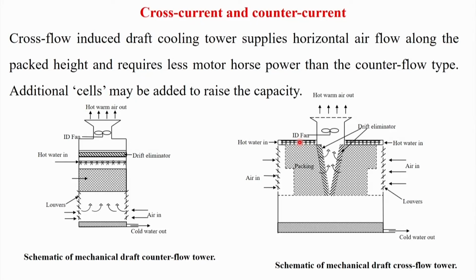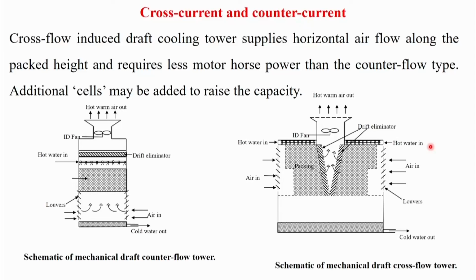Out of these two parts, in one part the water will be sprayed, and then the induced draft fans are installed in between these two parts of the cooling tower. Whenever cold air comes in, it will be in contact with water sprayed from the top, and it will be coming out through the drift eliminators, and these are placed vertically, not horizontally.